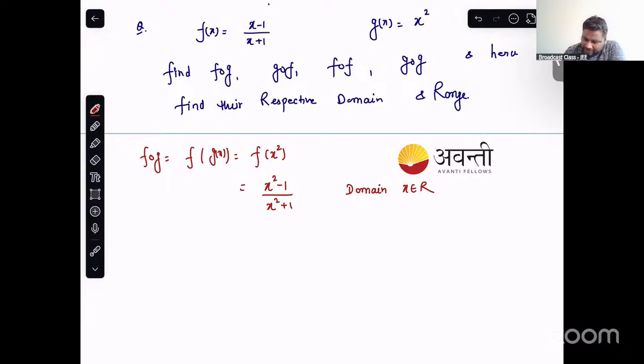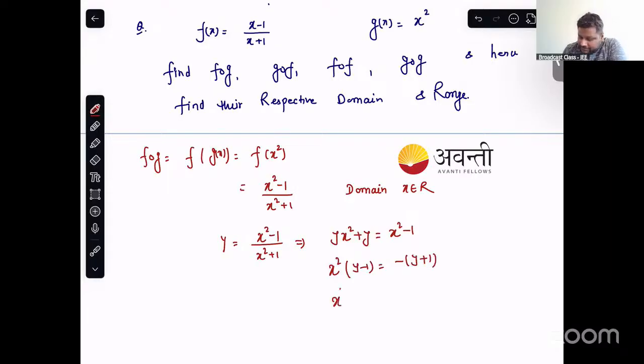For the range, let us assume y is x square minus 1 upon x square plus 1. Cross multiply. So y times x square plus y is x square minus 1. So that is x square into y minus 1 is minus of y plus 1. Am I correct? So x square is going to be minus of y plus 1 upon y minus 1.